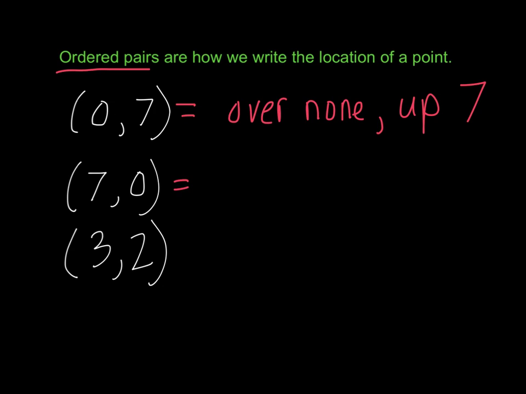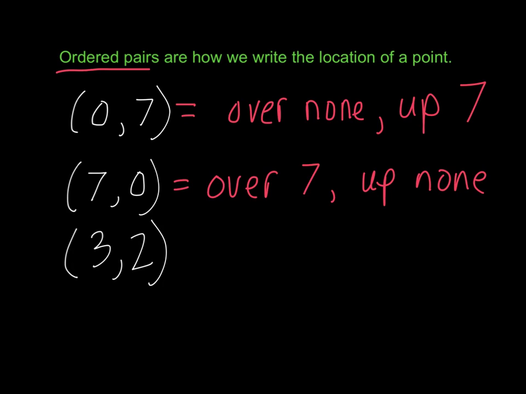All right, when you look at (7, 0), very similar to the one that we just did, except we will go over 7 and up none, which means it stays on the line. So this first one, (0, 7), will stay on the y-axis line and just go up.